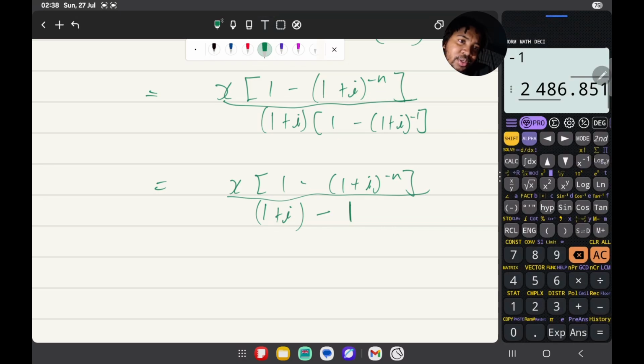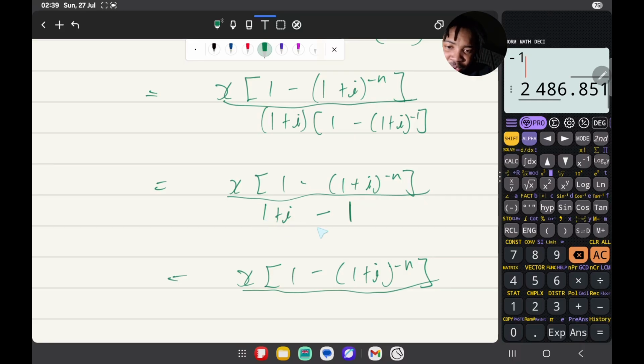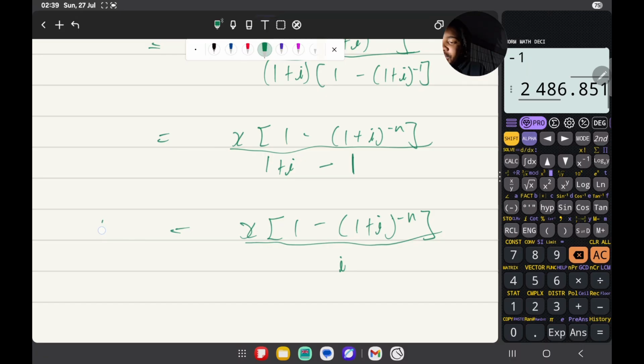Therefore you have x(1 - (1 + i)^-n) over i, and we can remove these brackets, and then you have 1 - 1, implying that you will be left with i. And this is the formula we use for present value. In fact, for present value we use the letter P instead of letter F. So this is the derivation of the formula.